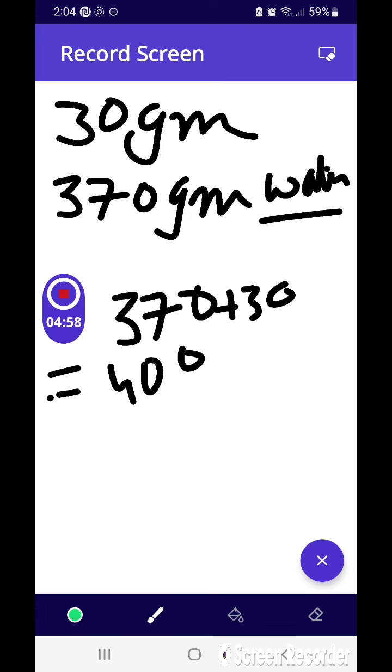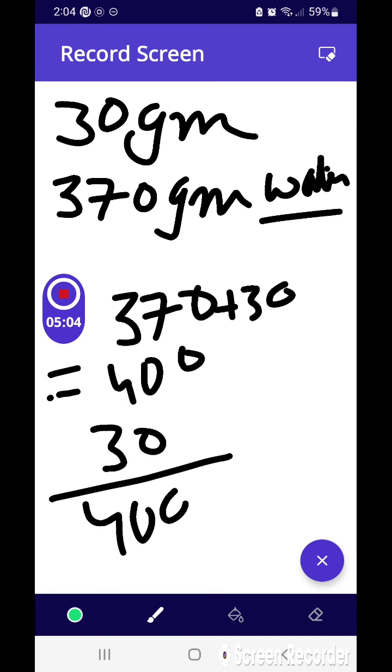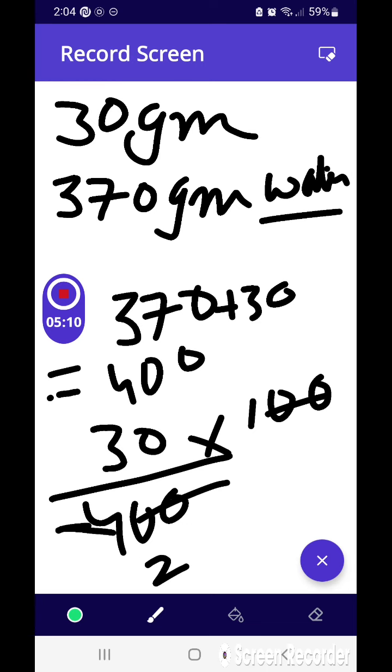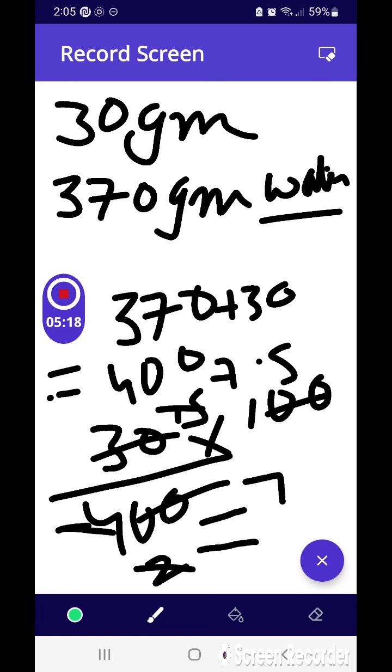We have to look upon the words. So now according to the formula, 30 upon 400 into 100. We are going to cancel this out. We will cut by 2, 15. It is 7.5. So the concentration level here is 7.5%.